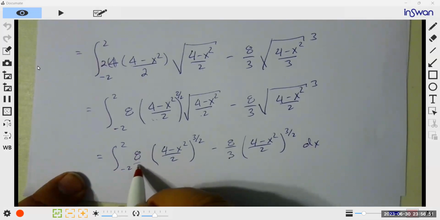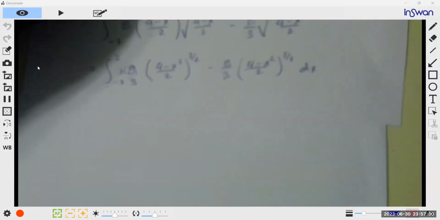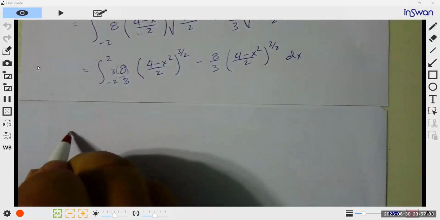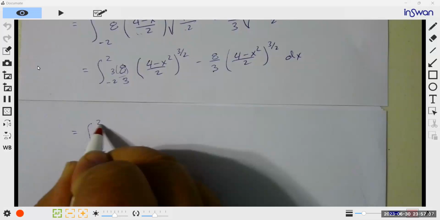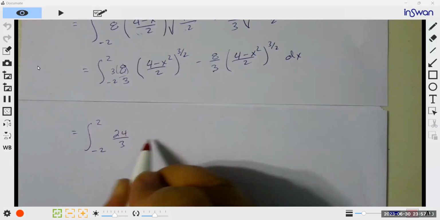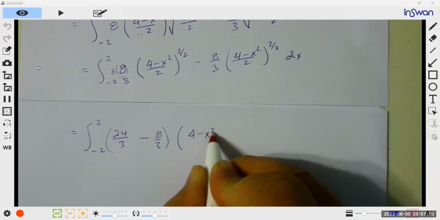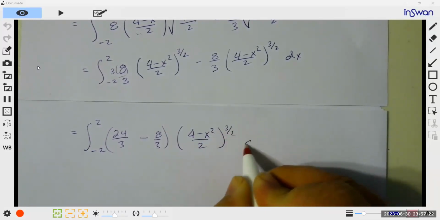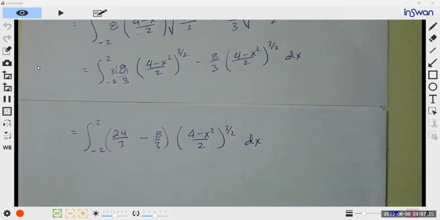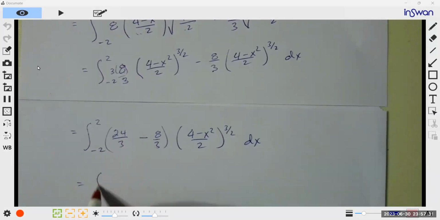So to get a common denominator, I can multiply top and bottom by 3, which gives me 24 over 3 minus 8 over 3, 4 minus x squared over 2 to the power 3/2 dx. 24 minus 8 is 16 over 3.